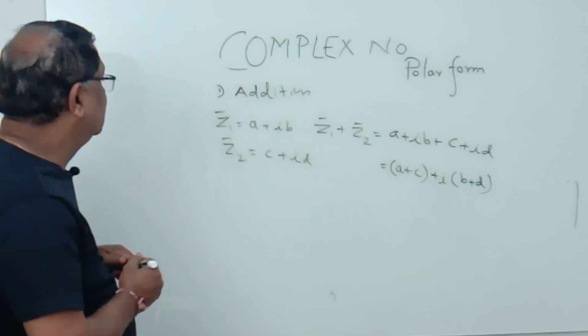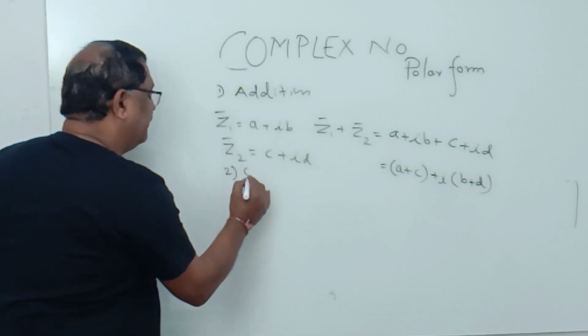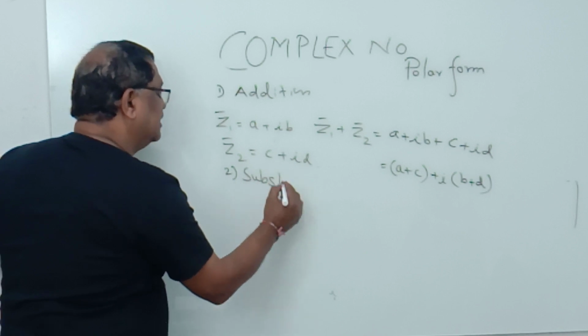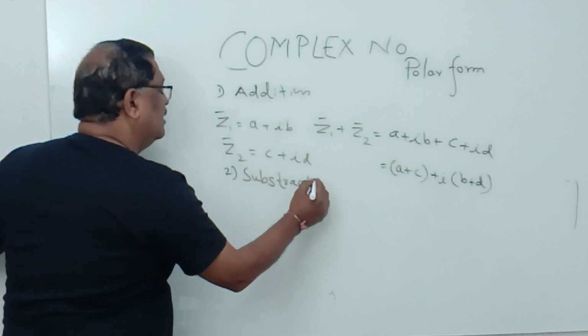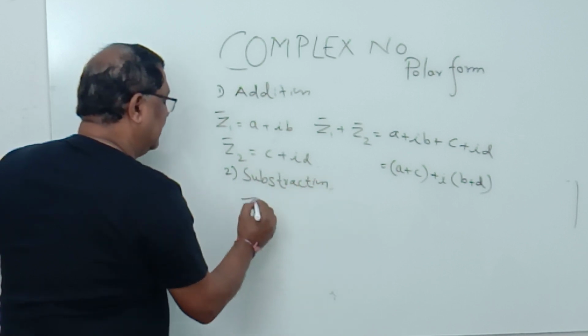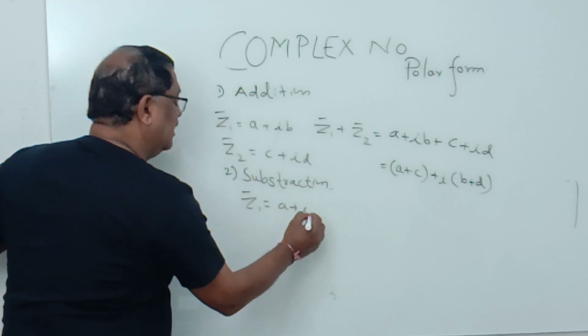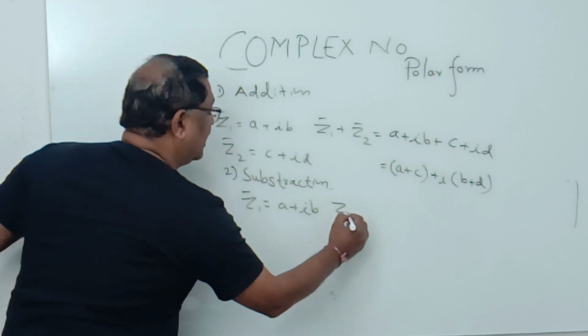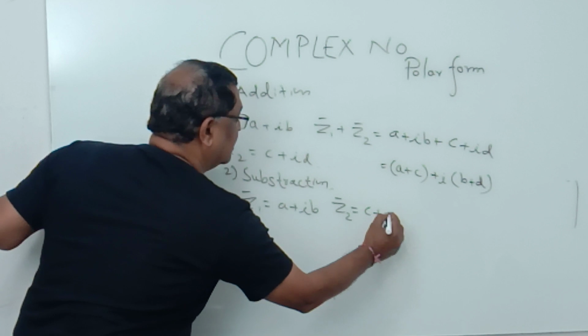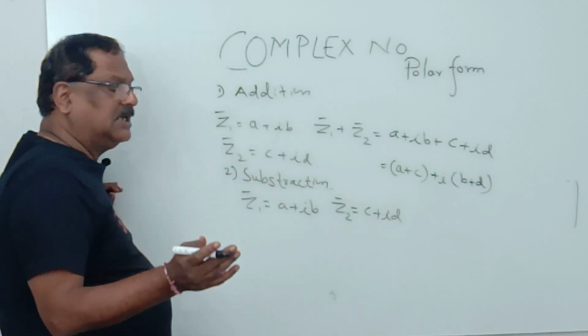Now you can guess the second operation, that is subtraction. Z1 bar is A plus IB and Z2 bar is also C plus ID. Then what is the subtraction?